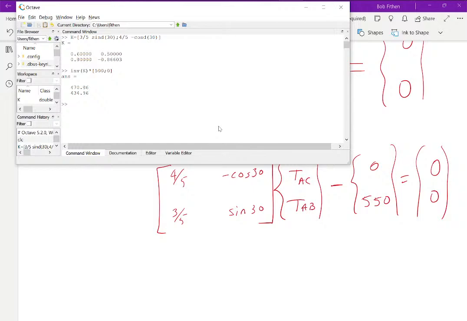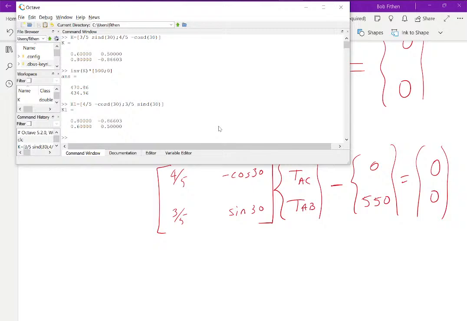Let's say, now we're going to call this matrix K1, and it's going to be 4/5, minus cosine degree of 30, and then 3/5, sine degree of 30, and it looks like I simply flipped the things.